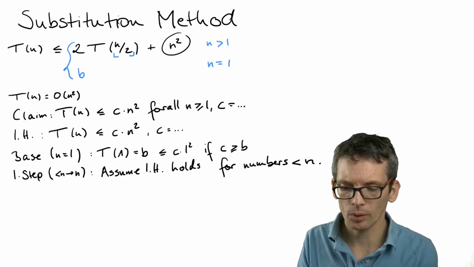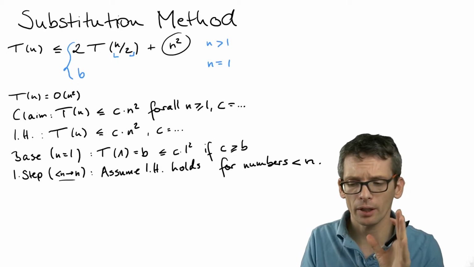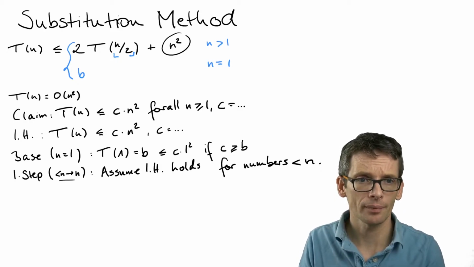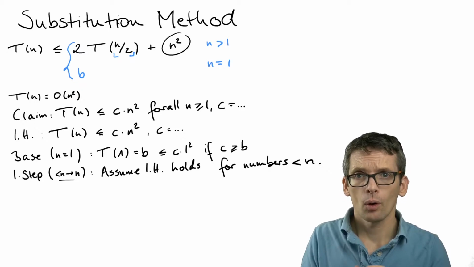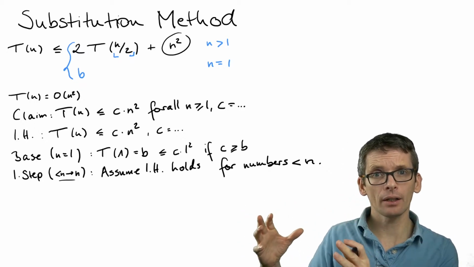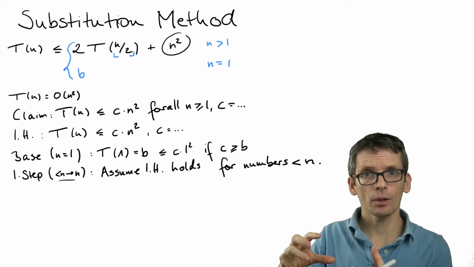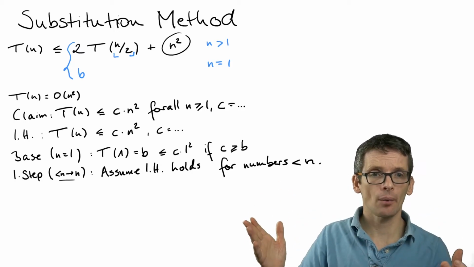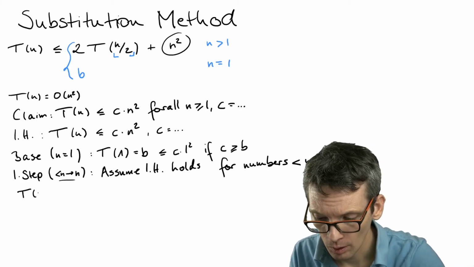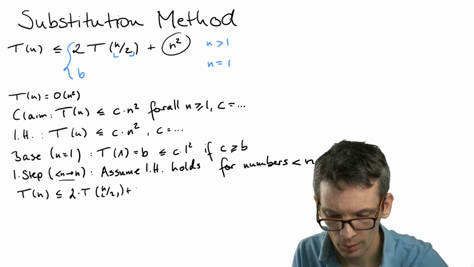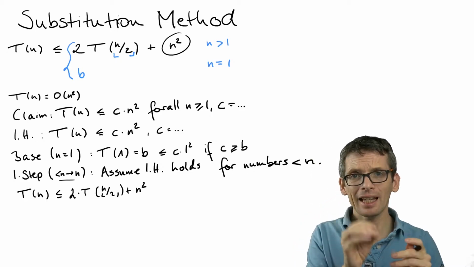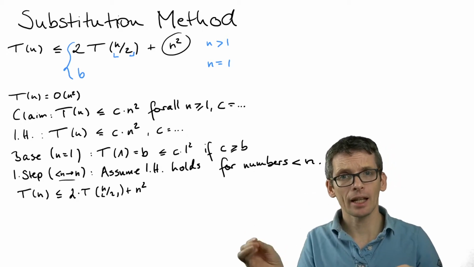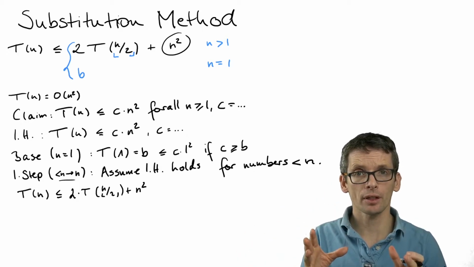And here I just wrote that I'm going from smaller n to n. You don't need to write that. So we start now simply with t of n, plug in the recurrence, use the induction hypothesis, and see where we end up. So now n half is smaller than n, so we can use the induction hypothesis here.